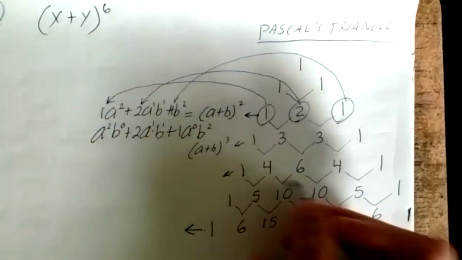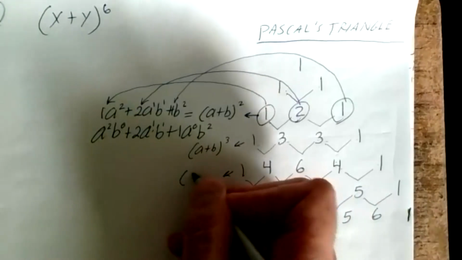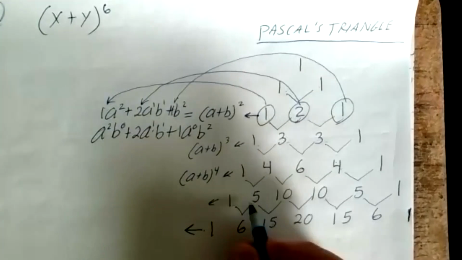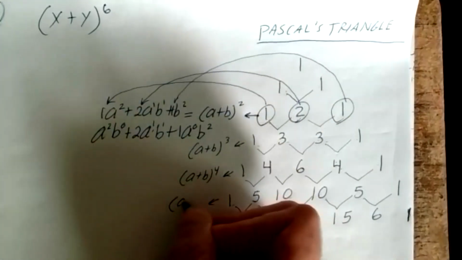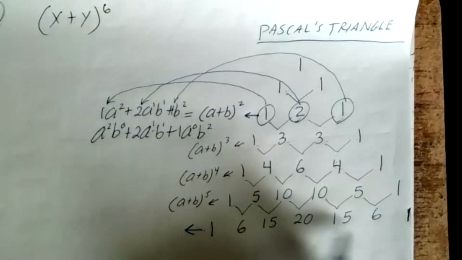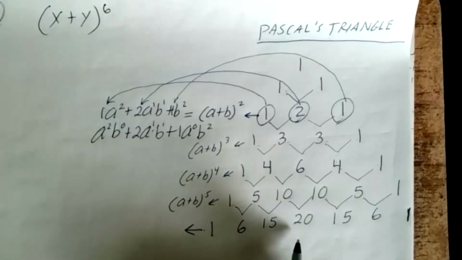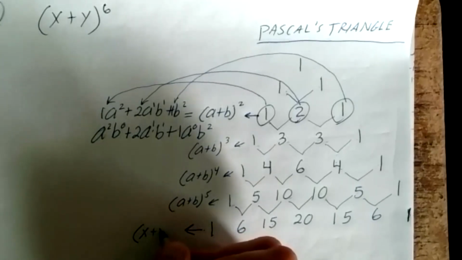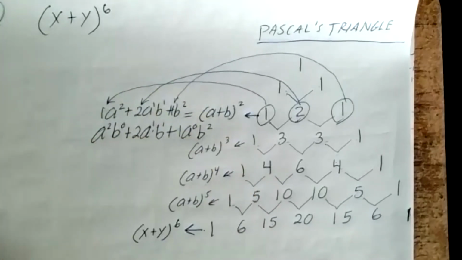This row gives you the coefficients of a binomial raised to the fourth power. This row gives you the coefficients of a binomial raised to the fifth power. This row gives us the coefficients of a binomial raised to the sixth power. Specifically, it's our binomial x plus y raised to the sixth power.